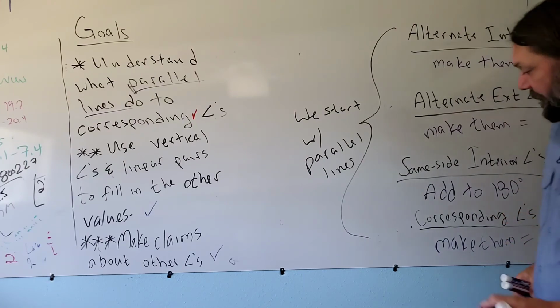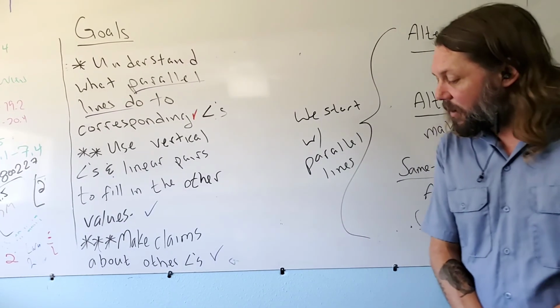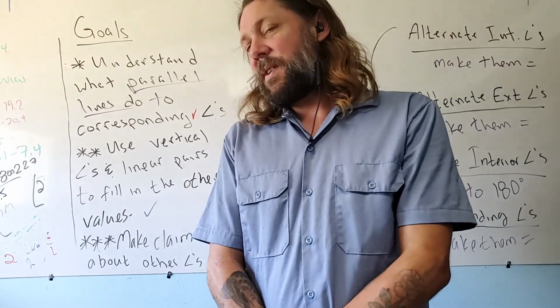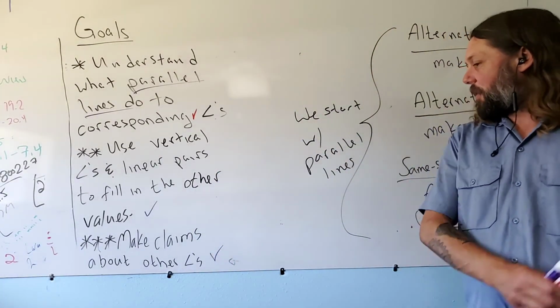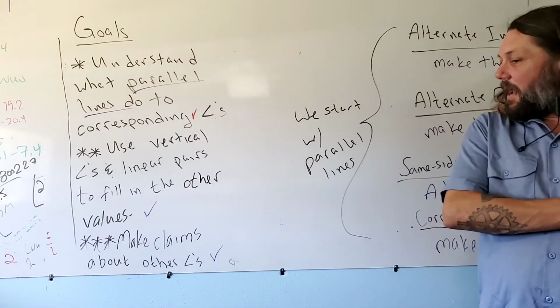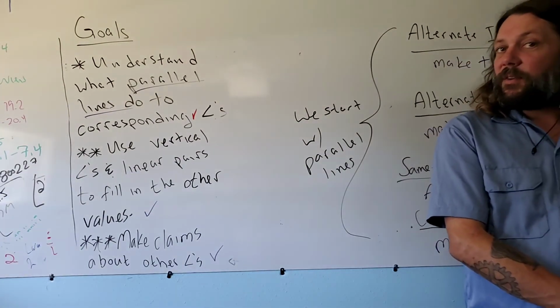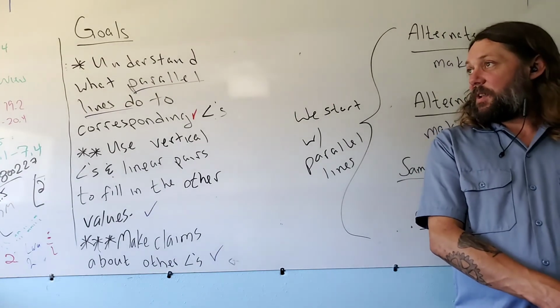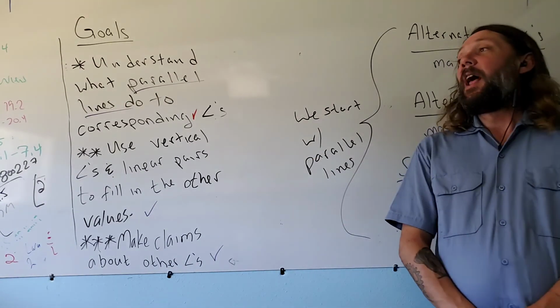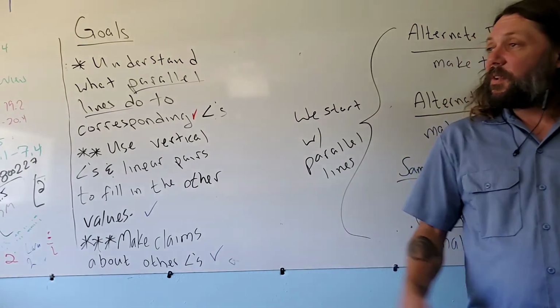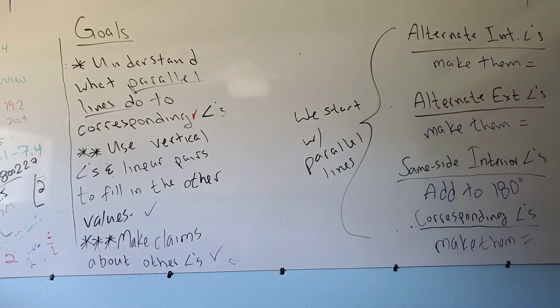That's the lesson. The homework is pretty simple. You're going to be given a picture, and you're going to be told that the lines are parallel, and you have to figure out what type of angle or angles you have, and it'll tell you the measurement of one of the angles, and from there, you just tell me what the unknown value has to be.